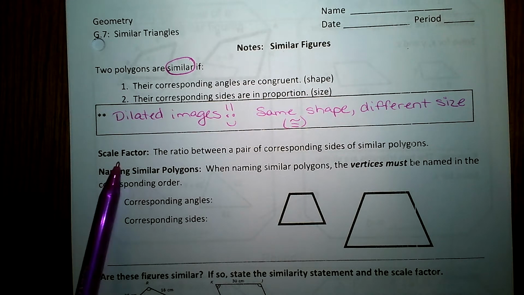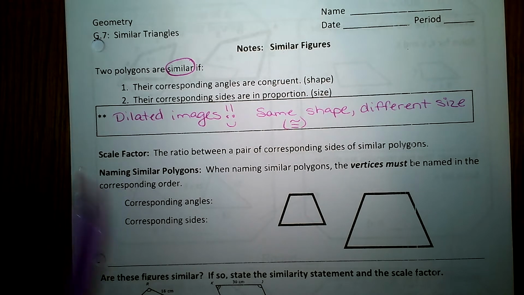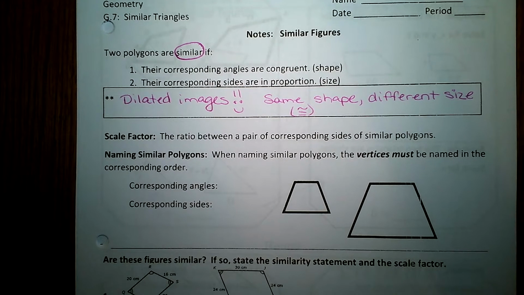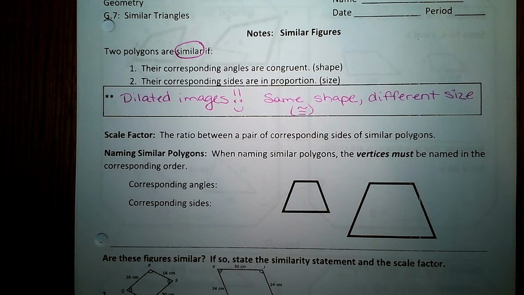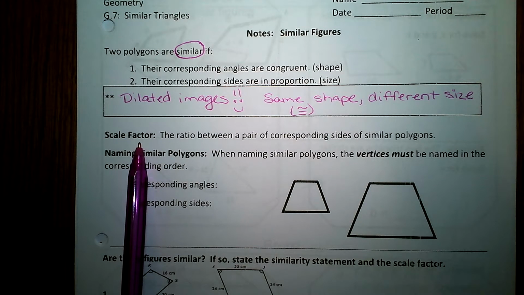One word we're going to use a lot, and we learned about it with dilations, is the term scale factor. Scale factor is the ratio between a pair of corresponding sides of similar polygons. It's how you're describing how much bigger or how much smaller one shape is in comparison to the other.